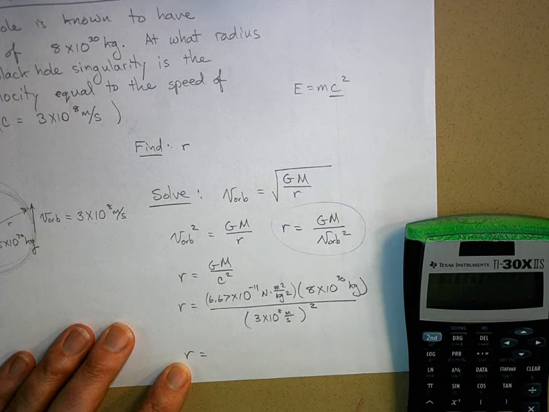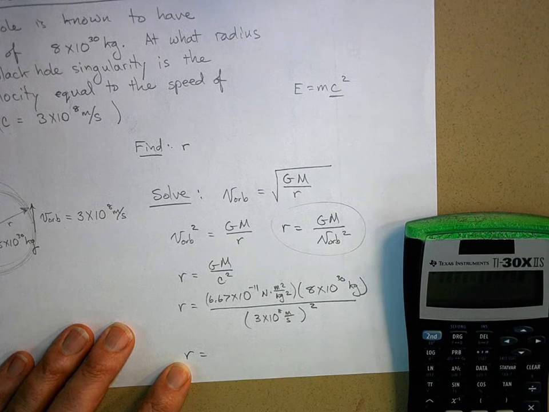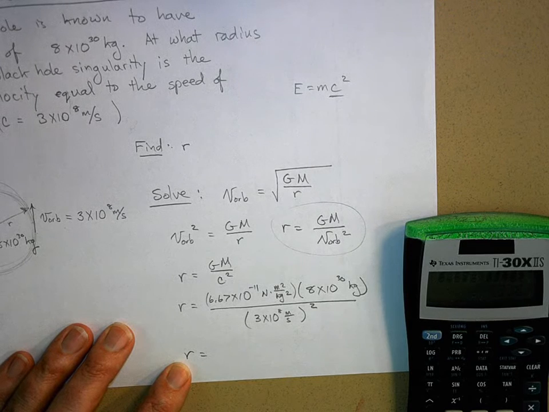Use the EE button. 10 to the negative 11 times 8 times 10 to the 30, equals, and we get a pretty big number, 5.336 times 10 to the 20, but then we have to divide by the square of the speed of light.